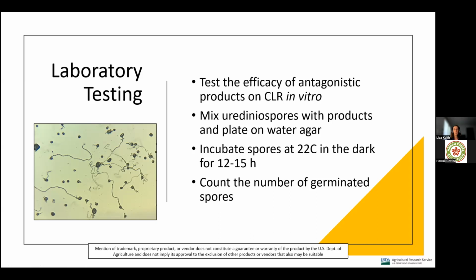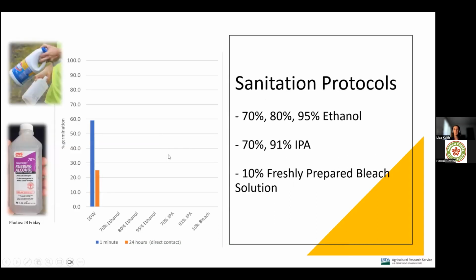And you might have said, well, Lisa, you said this is an obligate. You can't culture it on a plate. For a very short period of time, we can get these spores to germinate on water agar to do these types of tests. Okay, so first and foremost, it was really important to see what type of sanitation is best.